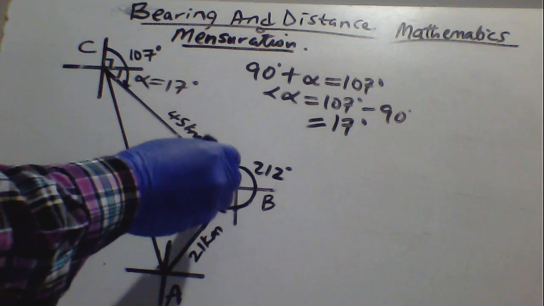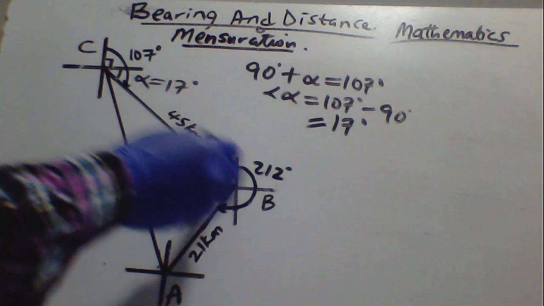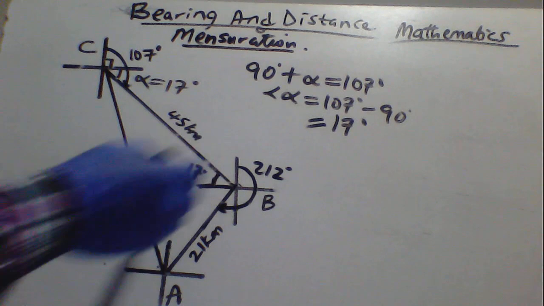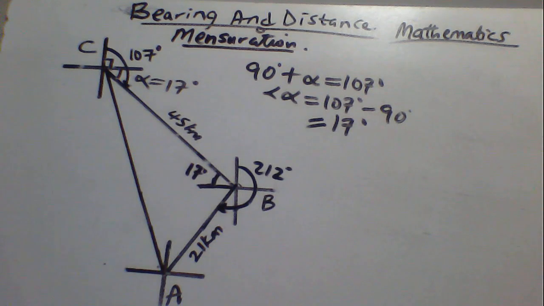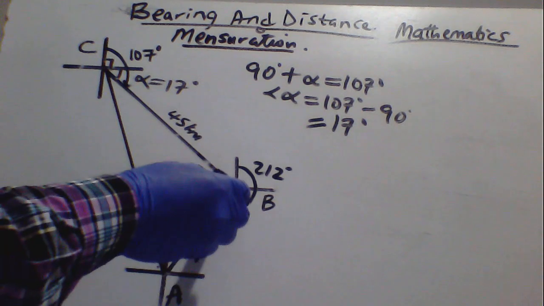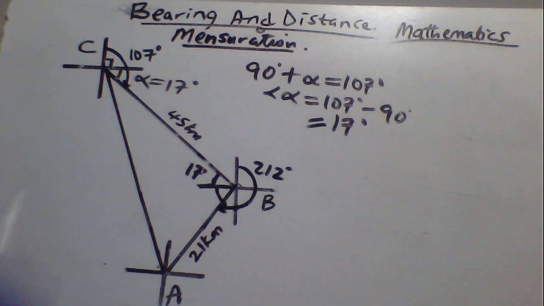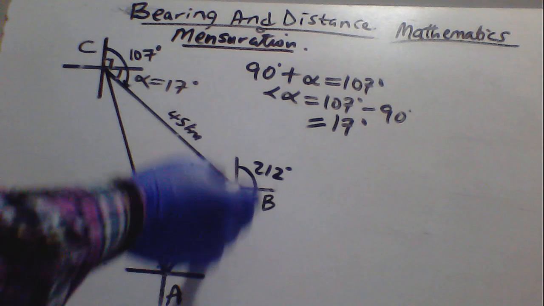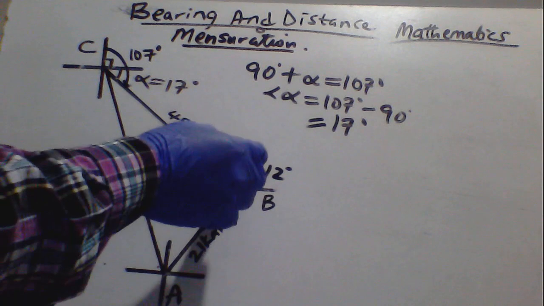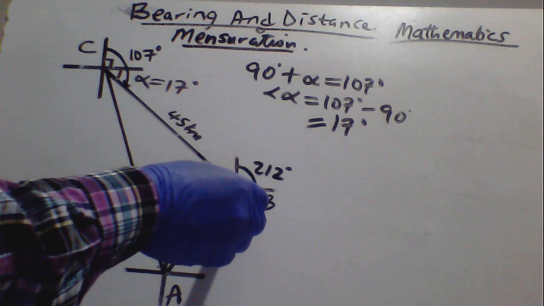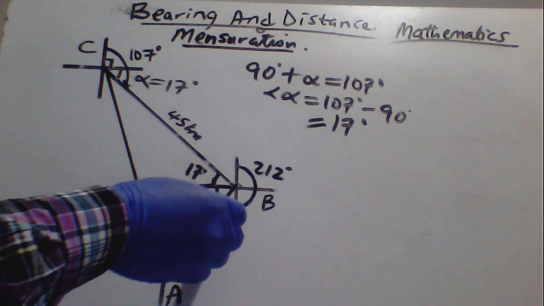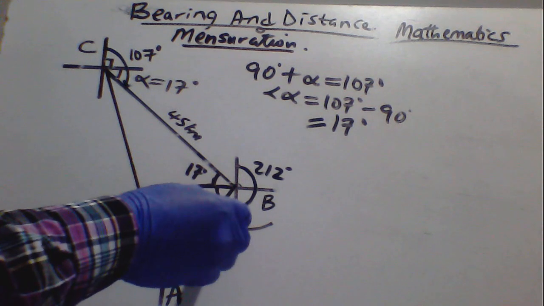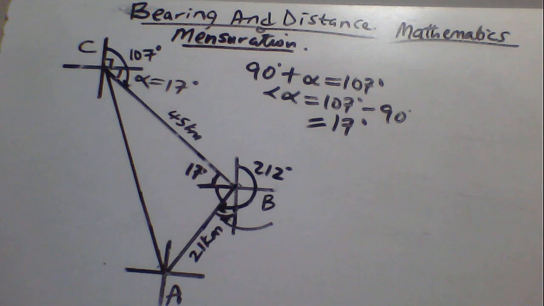So angle alpha is 17 degrees. We know that this angle alpha is alternate to the angle that will be here. That means the angle here is 17 degrees because alternate angles are equal. Next thing is to find the angle that is here. Notice that on this Cartesian axis, from this point to here is 180. We don't know what angle it is here, so I can call it beta.